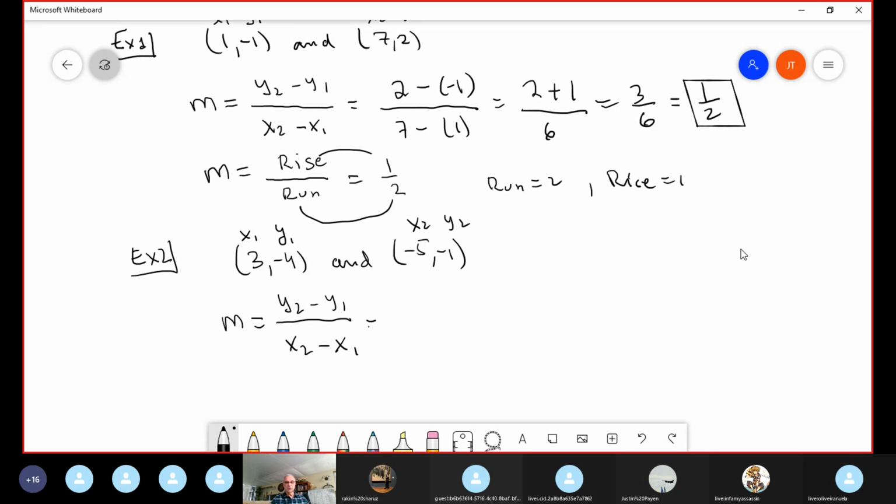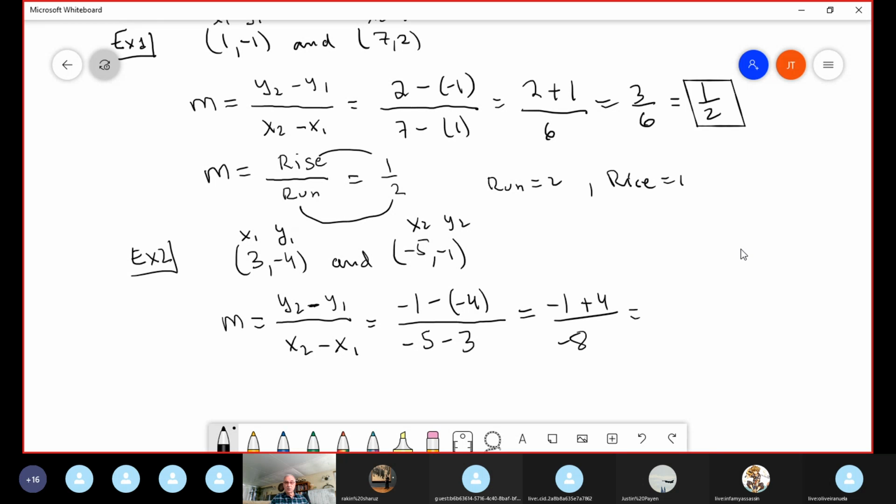The answer doesn't change. So y2 is -1 minus, because the formula contains subtraction here, y1 is -4. Double minus again, we have x2 is -5 minus x1 is 3. So on the top we have -1 plus 4, sorry, plus 3. And on the bottom, we have -8.